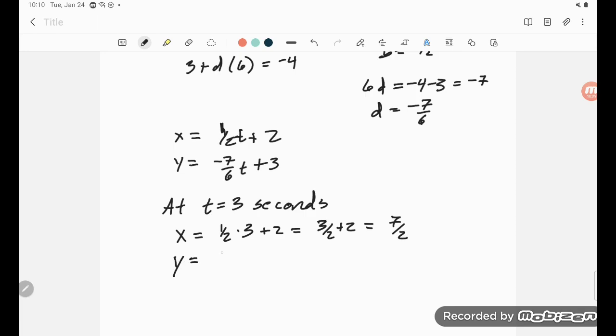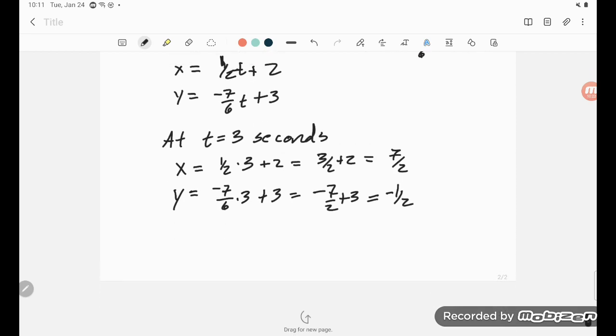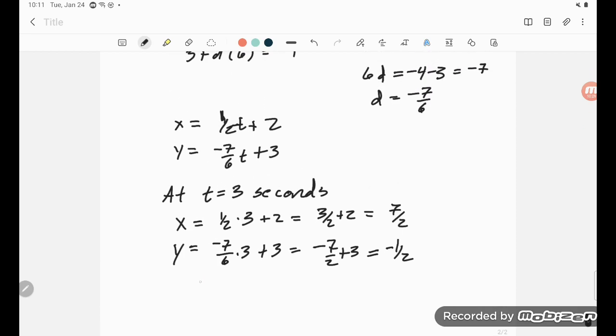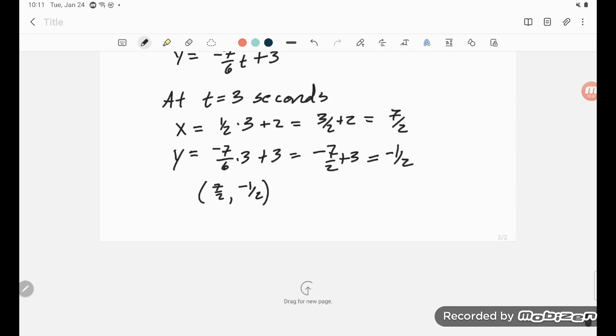And y is negative 7/6 times 3 plus 3. And so that's negative 7/2 plus 3. 3 is 6/2, so I get negative 1/2. And so my position at time t equals 3 is 7/2 and negative 1/2. Okay, so there's that example.